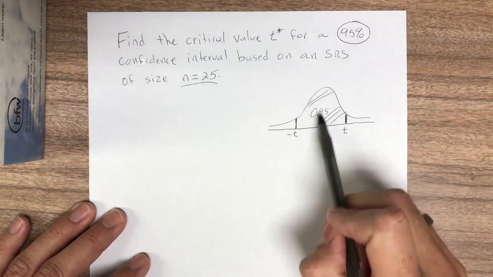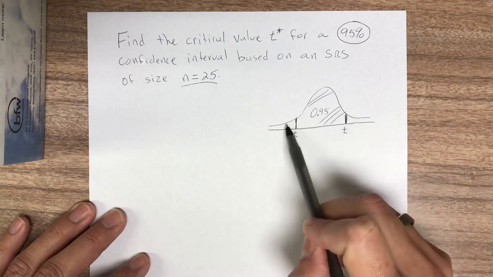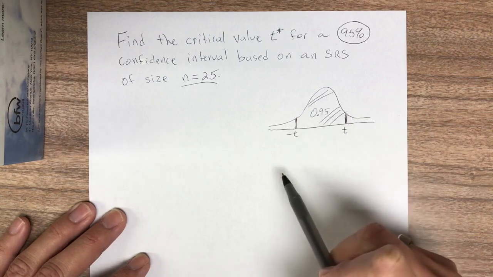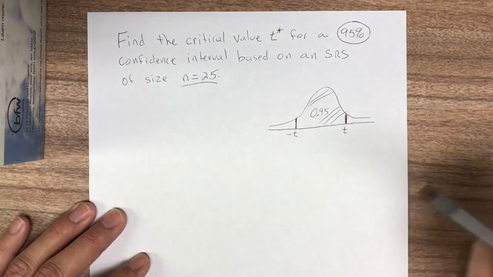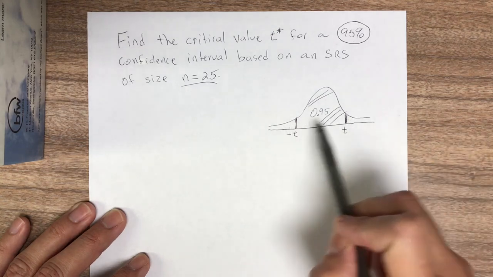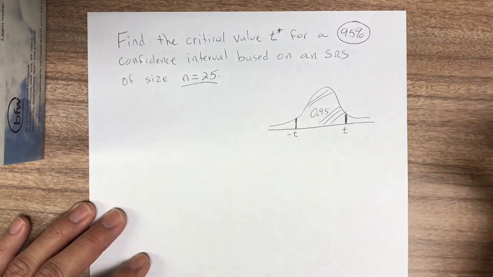So if we have 95% area in the middle, that means that the tails of the density curve have to add up to 5% because 95 plus 5 will give you the 100% area under the curve. So if the sum of the two tails has to be 5%, you divide that by 2, 5% divided by 2, that's going to be 2.5%.